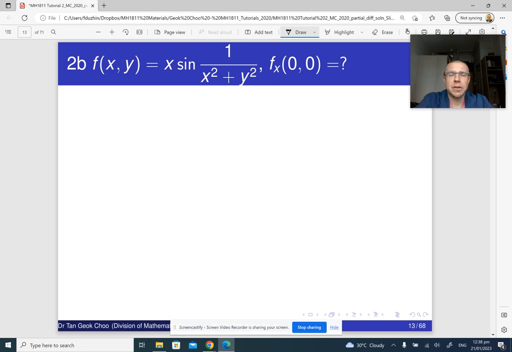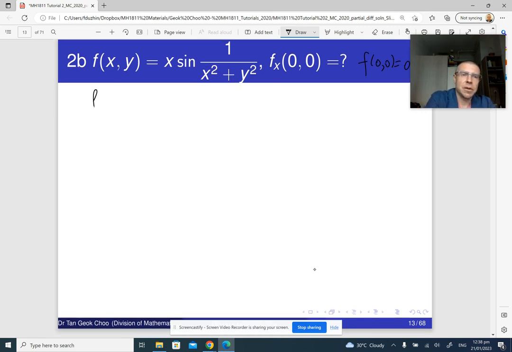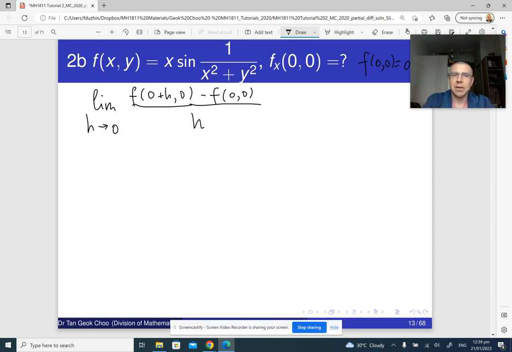Now, part B. In part B, we've got to find the partial derivative at (0, 0). Notice that by definition of the function, f(0, 0) is actually 0. So to do this, we've got to use the definition, the limit as h goes to 0 of f(0 plus h, 0) minus f(0, 0), divided by h. Now f(0 plus h, 0) comes from the formula, and f(0, 0) is just 0.